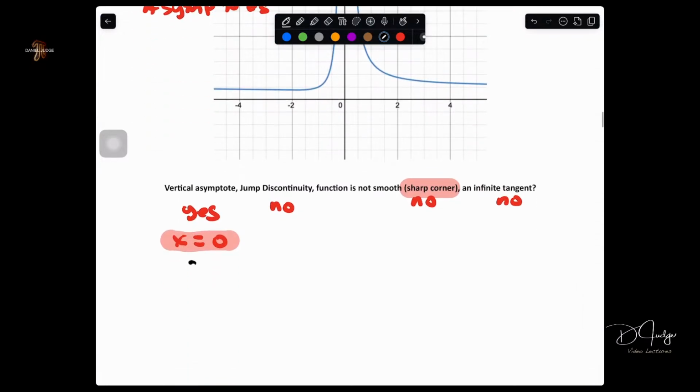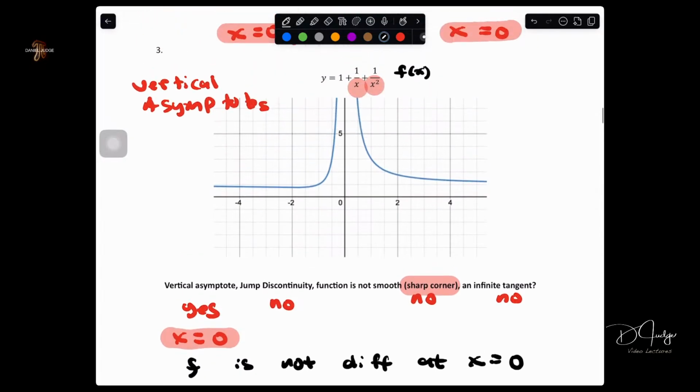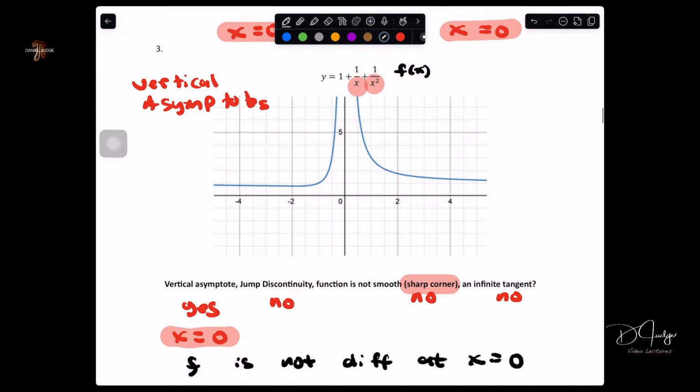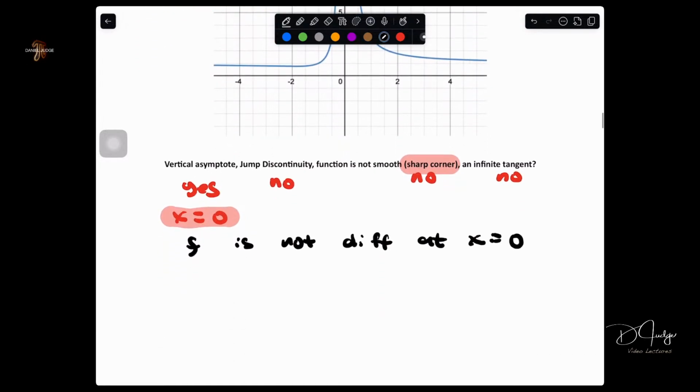So this curve y, or if we call it f of x, okay, we can say the curve f is not differentiable at x is 0. So it's differentiable everywhere else, but x is 0.